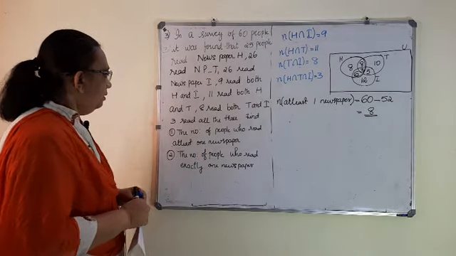Now, this is exercise 1.6, question number 8. In a committee, 50 people speak French, 20 speak Spanish, 10 speak both the languages.